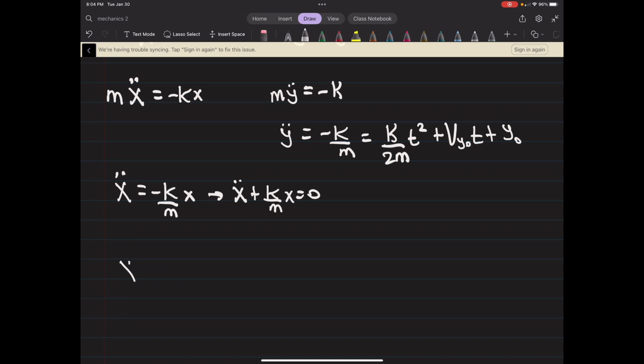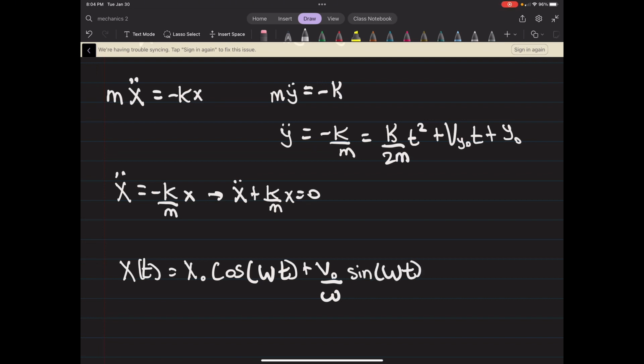But x of t equals our initial position, x naught cosine of omega t plus v naught over omega sine of omega t. And remember that omega is the square root of k over m.